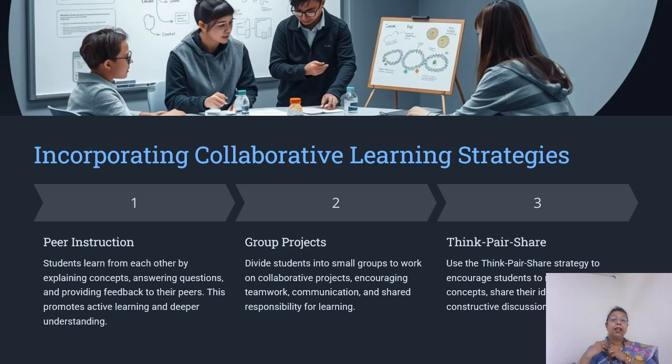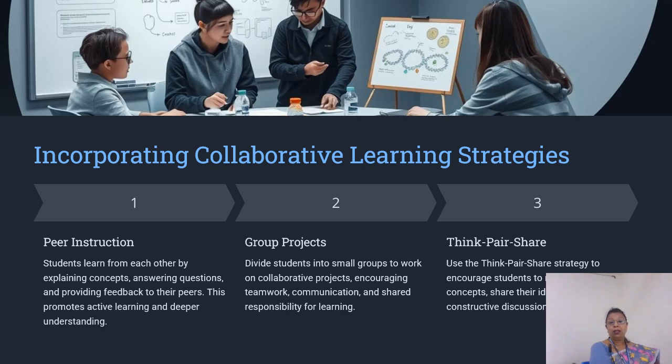Next slide, incorporating collaborative learning strategies. How can we incorporate collaborative learning strategies? There are three ways: peer instruction, group projects, and think, pair, share. Collaborative learning helps students learn from one another. They can explain the concept to each other, ask questions of each other, and also provide feedback to their peers.